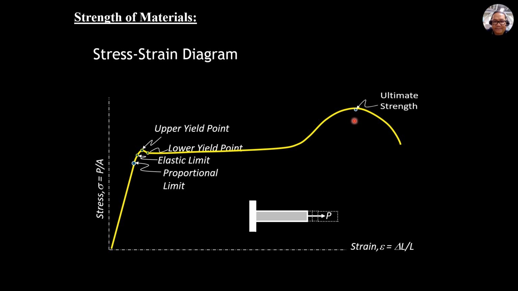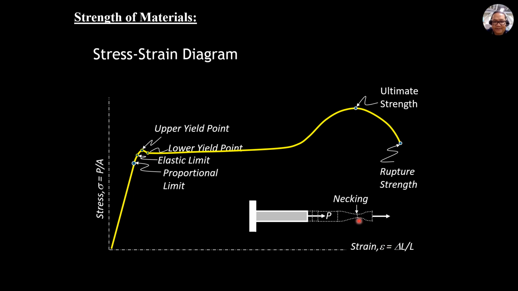So we have the ultimate strength, the highest point on the stress strain curve, and we have the rupture strength. So next we define the straight line portion, the elastic range.